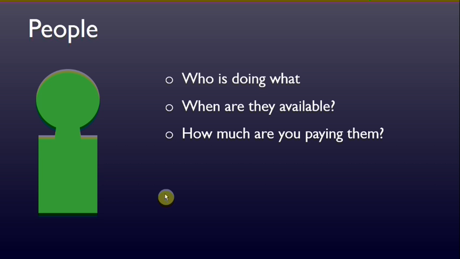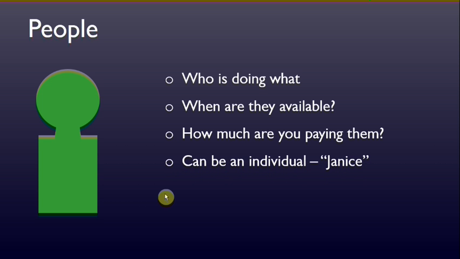So we have to take into account how much we are paying those people because that's going to affect our budget. If somebody makes $20 an hour versus $15 an hour and they're working on a task for a week, well, the person that we pay $20 an hour, it costs more for them to be working on that task that week instead of the person who gets paid less. And that is ultimately going to affect our budget for the project.